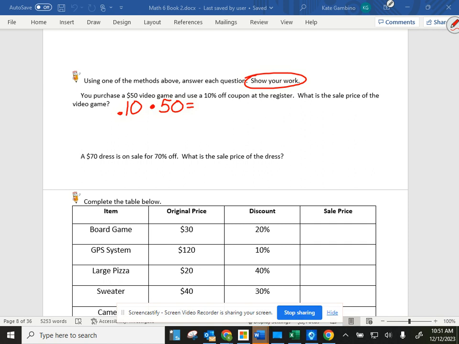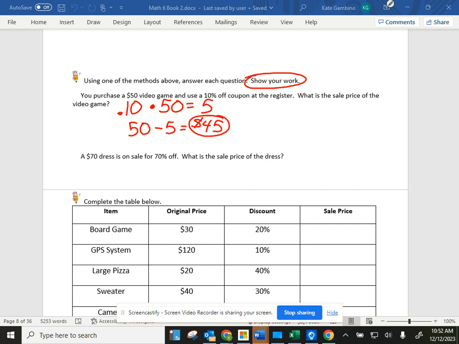And that gets you 5. So then what's my second step? You subtract it from the original. Yeah, the original cost was $50. I'm going to subtract the discount of $5. So I know that the new price is $45.